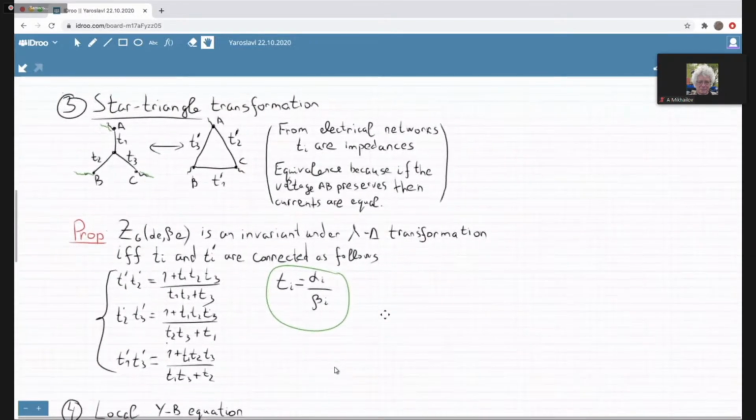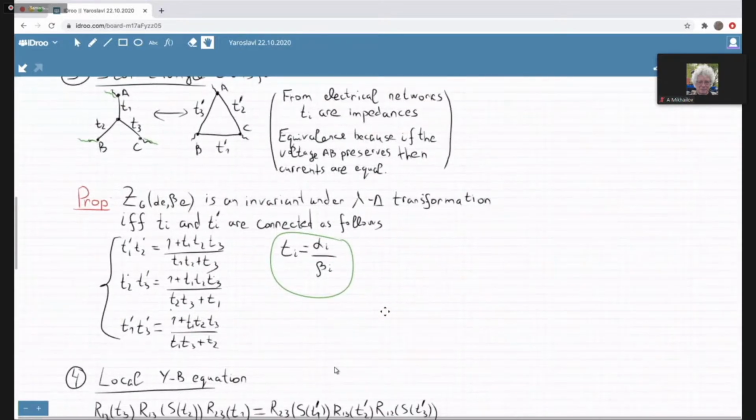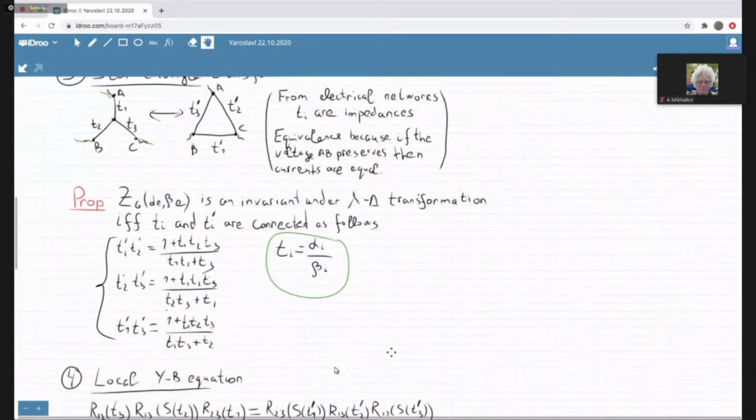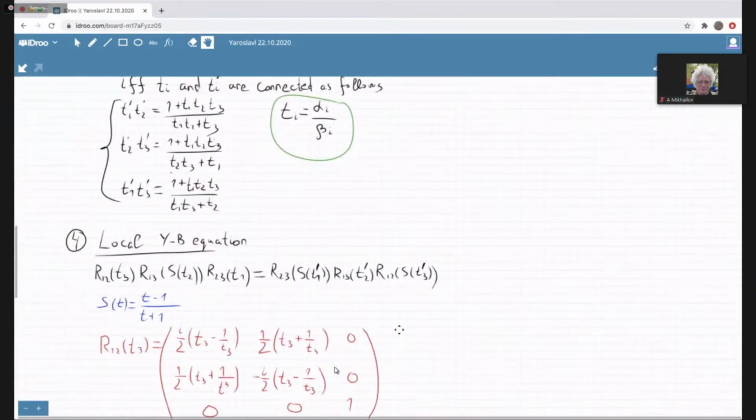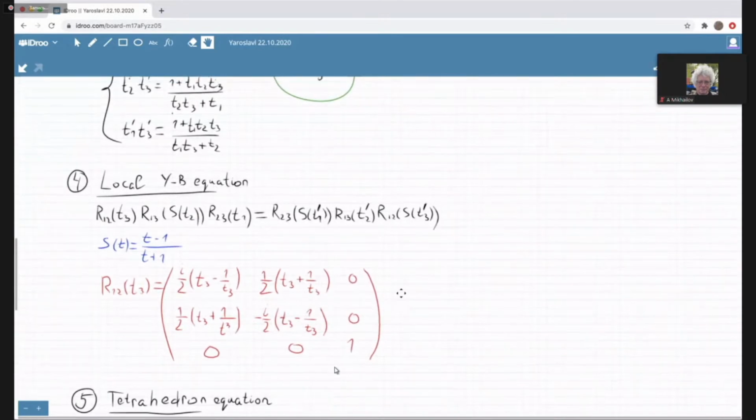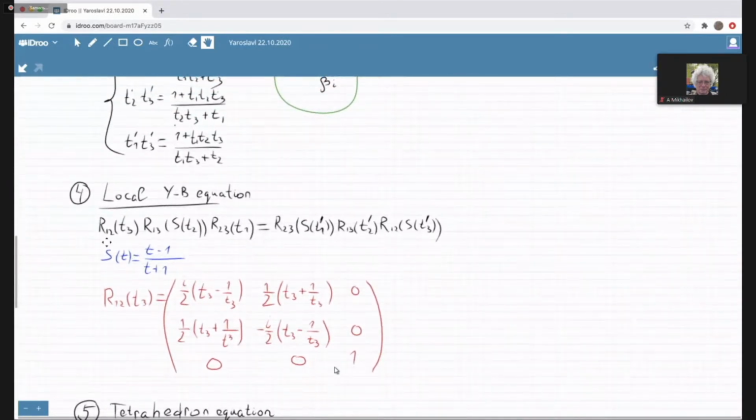Okay, so that's the first step, and the second step is how it's related to the local Yang-Baxter equation and the tetrahedron equation. The local Yang-Baxter equation is the following, the equation written down here. It is an identity, an equation over a product of these three 3x3 matrices, and here the involution S is the following involution, and these matrices are defined as follows.